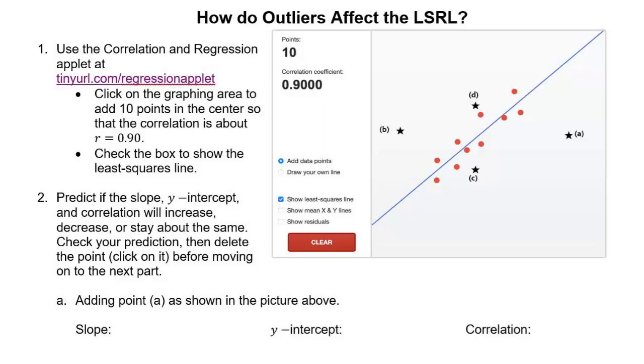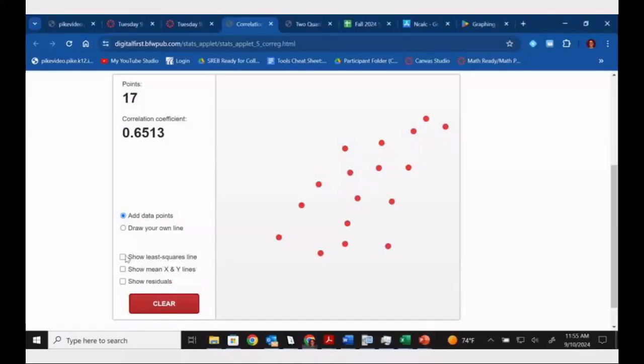And then after you get the points on there, you can click on this box that says Show Least Squares Regression Line. So I'm going to click on this right here, Show Least Squares Regression Line. And again, I have way more points up here than you should on yours. You should only have 10 on yours.